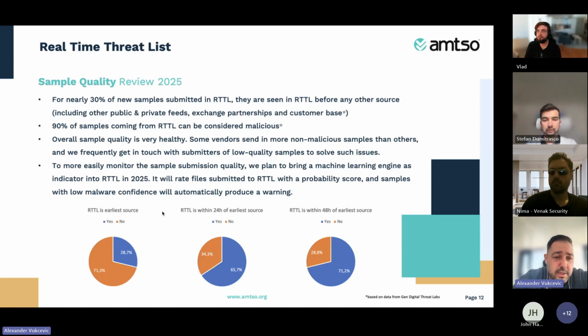This is what we're right now building, a machine learning model, which gives us a clear indicator of what's malicious and what's not among samples recently uploaded to RTTL. It also gives the opportunity that we do not need to monitor and review the data frequently. We can implement a kind of notification system: if there is a sample where machine learning says it has never seen this in a malicious context, no features are used in a malicious context, send a notification to the contributors saying maybe you should recheck whether the sample you uploaded is really malware or not.